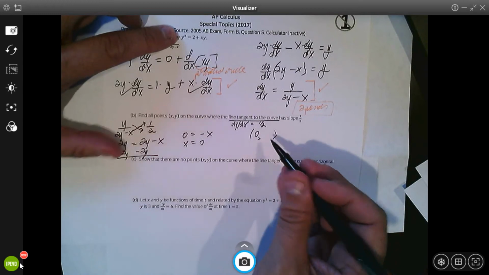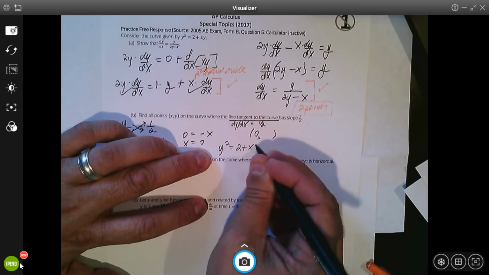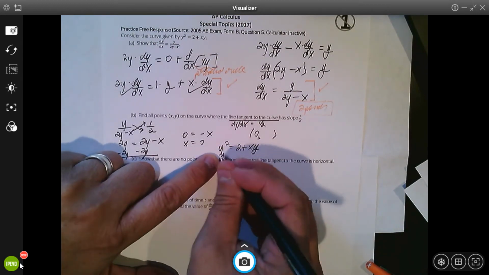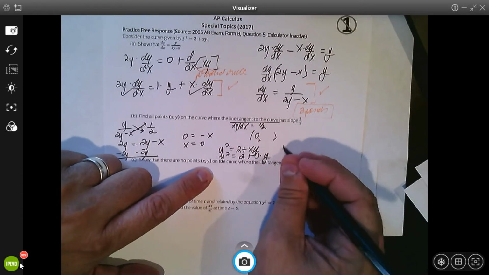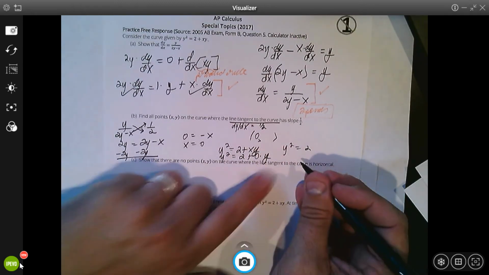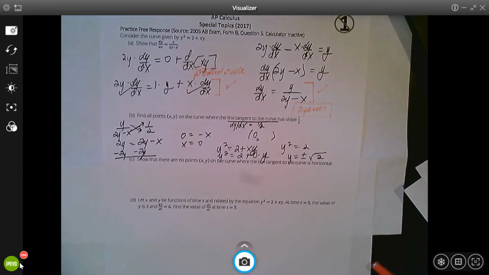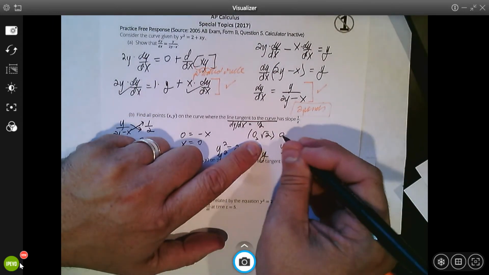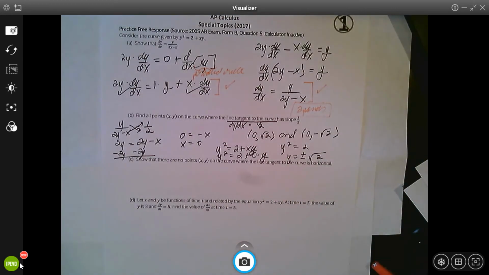You go back to your original expression, y squared equals 2 plus xy, and let x equal 0. y squared equals 2 plus 0 times y. That means that y squared is equal to 2. So y is plus or minus the square root of 2, meaning there are actually 2 points to consider. The points are (0, square root of 2) and (0, negative square root of 2).